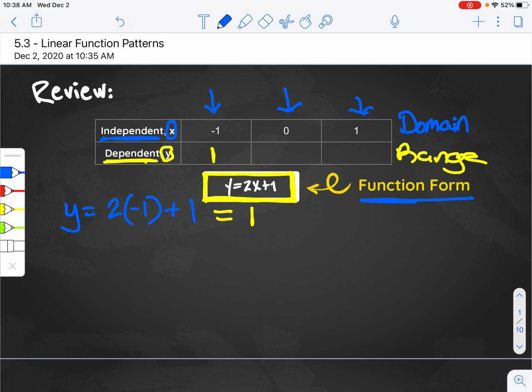It's the same idea. So if we continued with this table, y equals 2 times our x value, this time 0, plus 1.